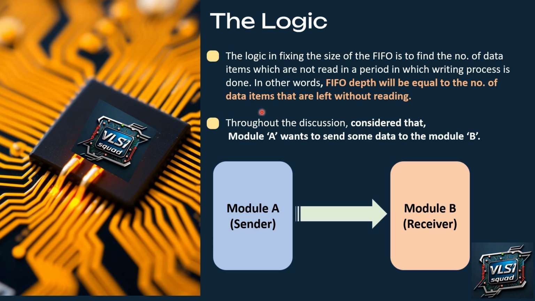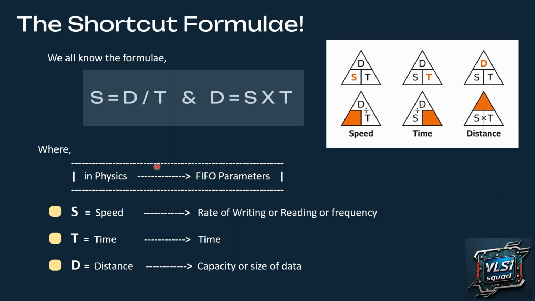For all the examples, we are considering that module A will be the sender and module B will be our receiver. Coming to the shortcut I was talking about earlier, the shortcut formula is nothing but speed equals distance by time, which we used to do in our physics problems. This is the triangle you can use for your reference, and these are the meanings of the terms I'm using.